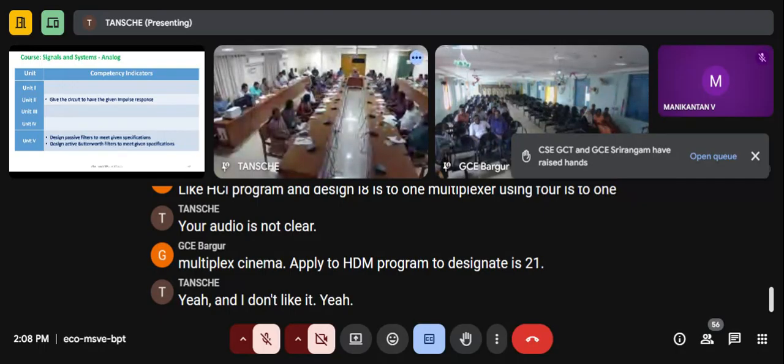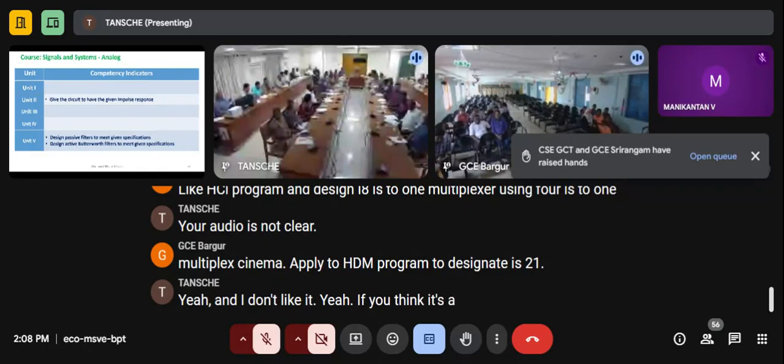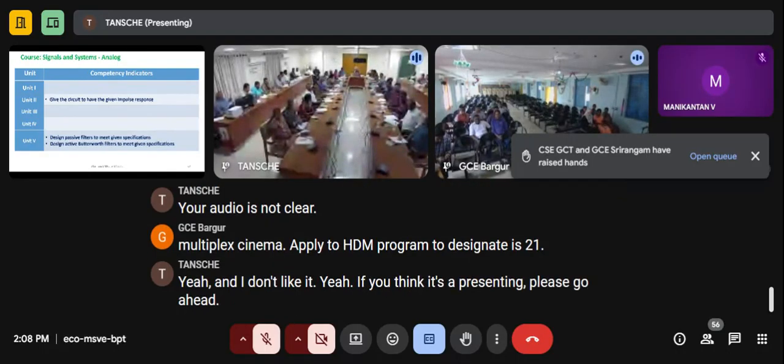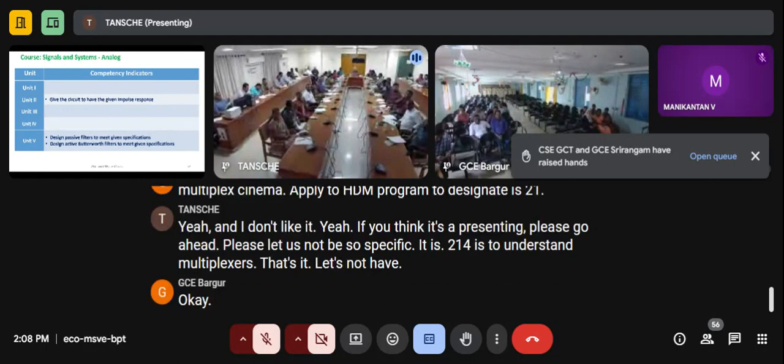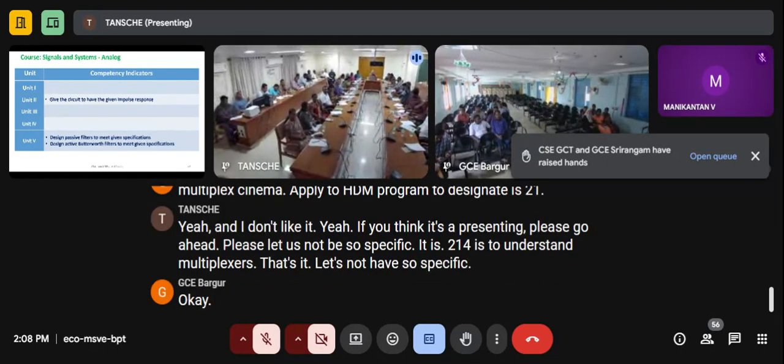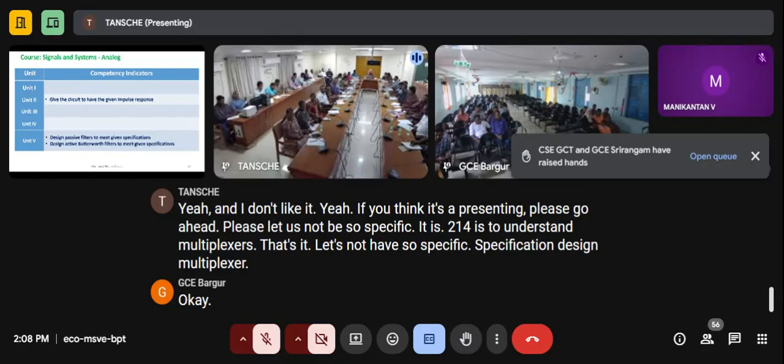Please let us not be so specific. 8:1, 4:1, design multiplexers, that's it. Let's not have so specific a specification. Design multiplexer. We can give anything.